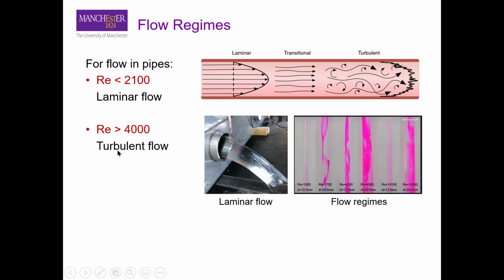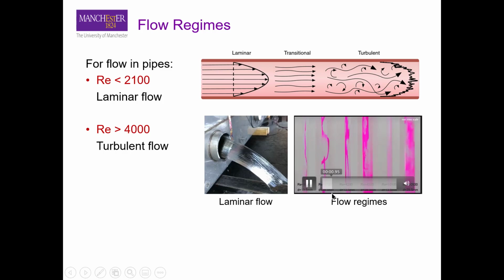While if your number is greater than 4000, you are in turbulent flow. Here in this video, in the first case the Reynolds number is 1600, so you can see there is much less intermixing.